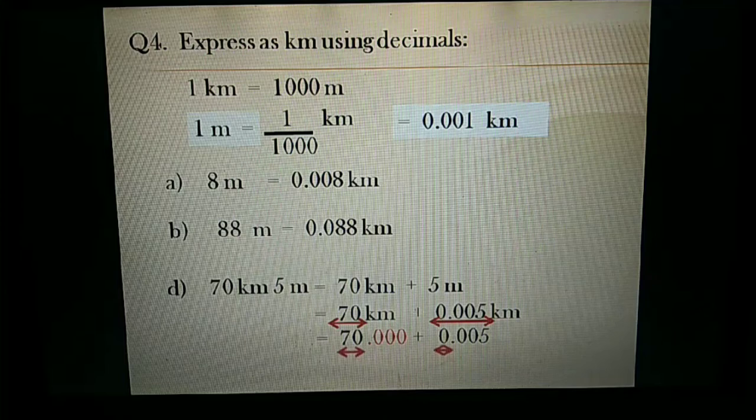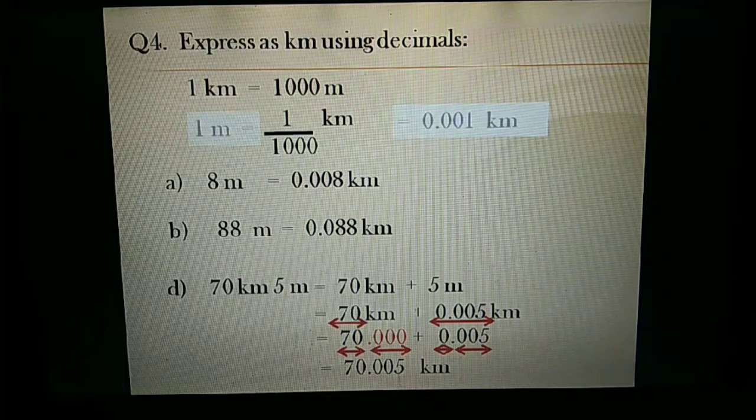Again, adding whole to whole, decimal to decimal, start from right. We will get the answer as 70.005 kilometer by the formula. Make sure to put a point after 3 digits from right while converting meter into kilometer.